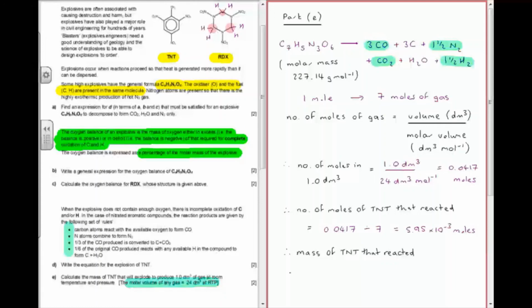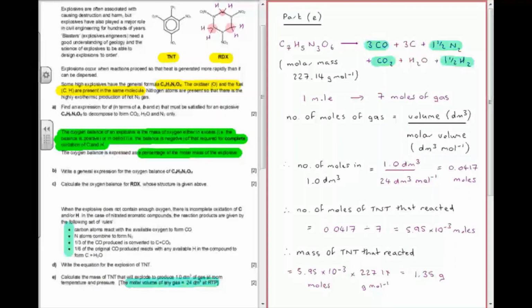So we need to take our number of moles, which is 5.95 times 10 to the minus 3, and multiply that by our molar mass of TNT of 227.14, in grams per mole, to calculate the mass of TNT that must have reacted to produce our 1.0 decimeters cubed of gas as 1.35 grams.